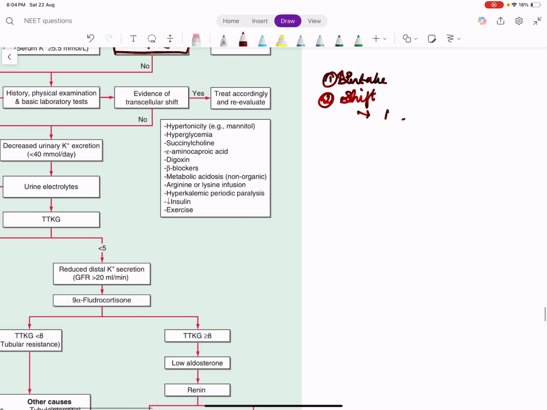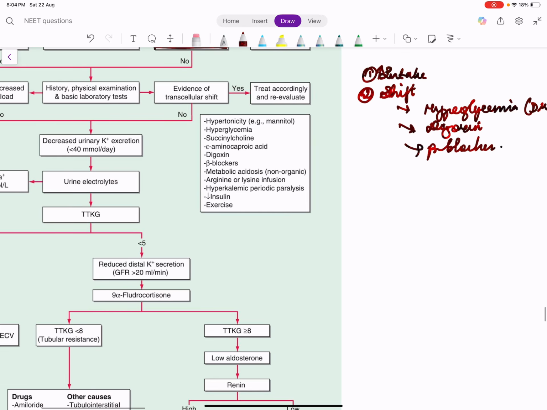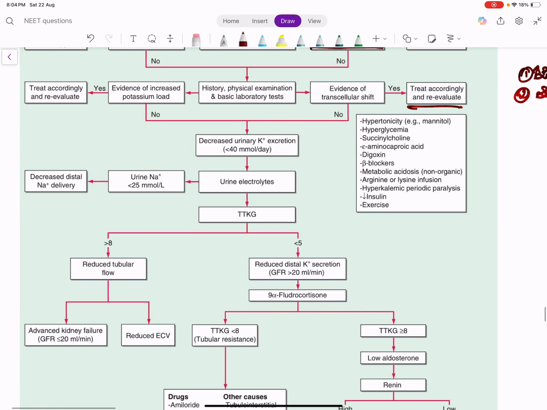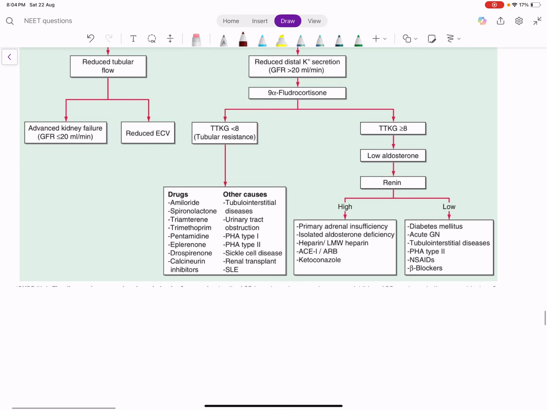In hyperglycemia, or in DKA, when there is insulin deficiency, hyperkalemia can occur. Some drugs like digoxin, beta blockers. Why beta blockers? Beta sympathetic stimulation is the first step in RAS, the renin-angiotensin system. So these conditions cause transcellular shift, or there can be reduced renal excretion, or aldosterone deficiency, right?